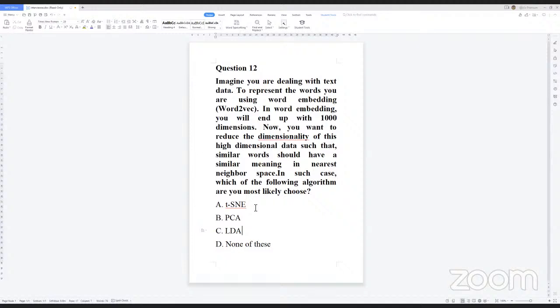In such a case, which of the following algorithms are you most likely to choose? A. t-SNE. B. PCA. C. LDA. D. None of these. Any answer?